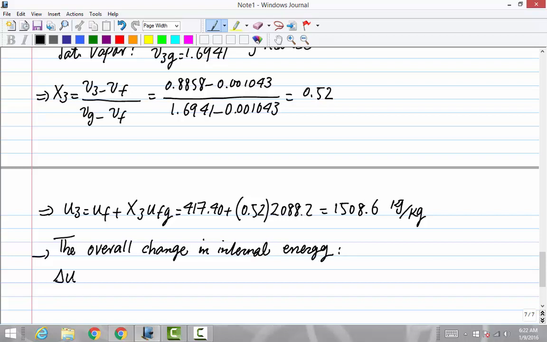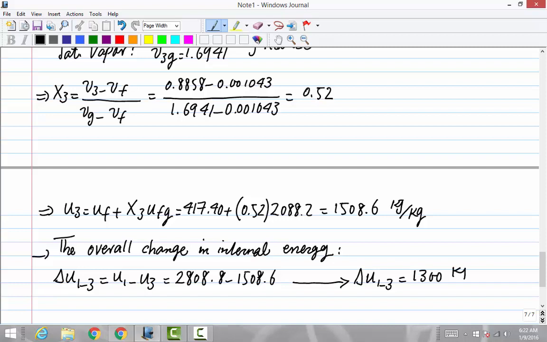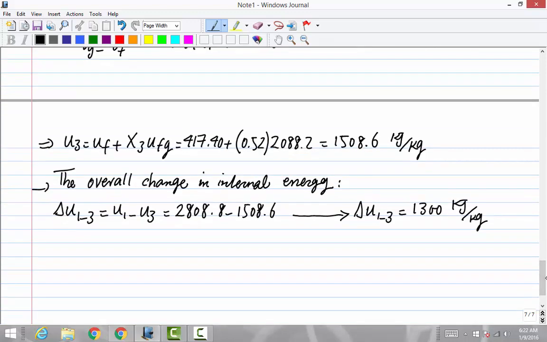Delta little u per mass in the process 1 to 3 equals u1 minus u3, which equals what we just found. Ta-da! Awesome. That's it. We spent, oh my god, 50 minutes to just find this.